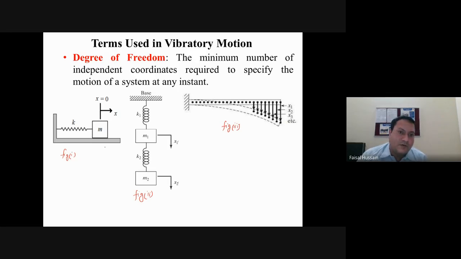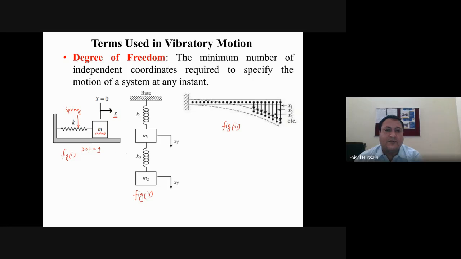Now in figure number 1, a spring mass system, this is your mass and this is your spring. A spring mass system is shown and this is the displacement along x-axis. So here there is one displacement. Okay, so here degree of freedom will be 1.